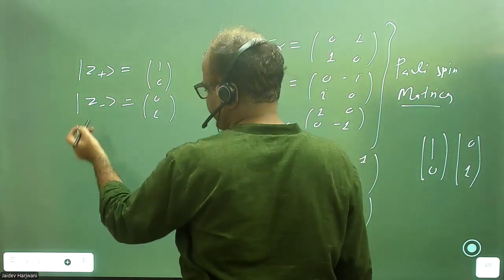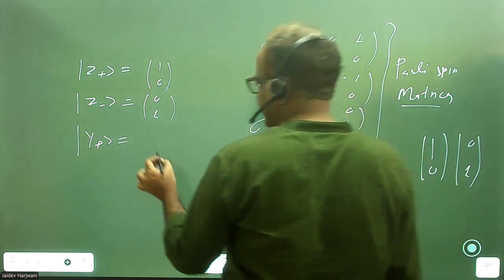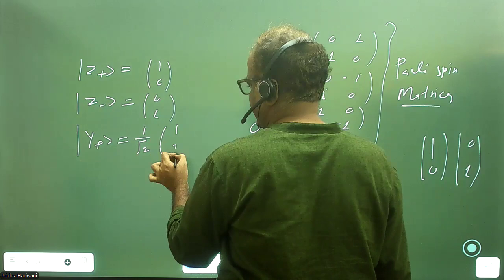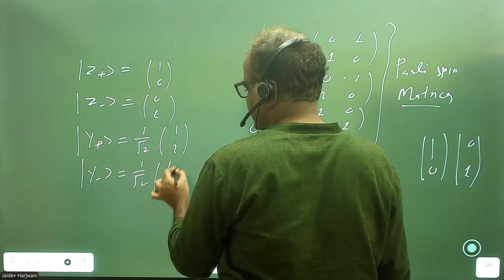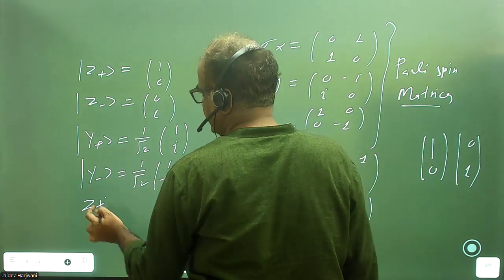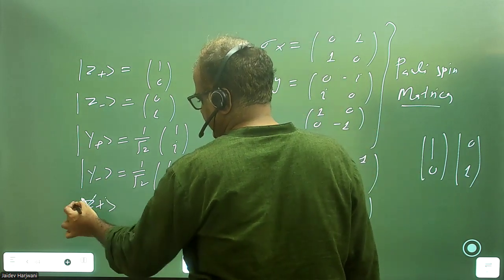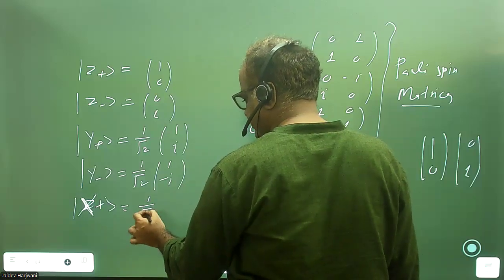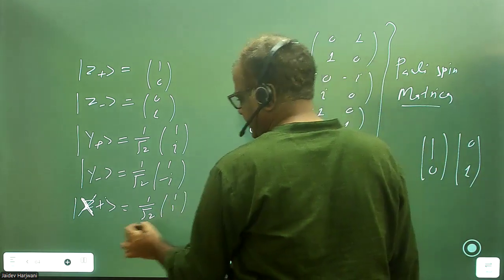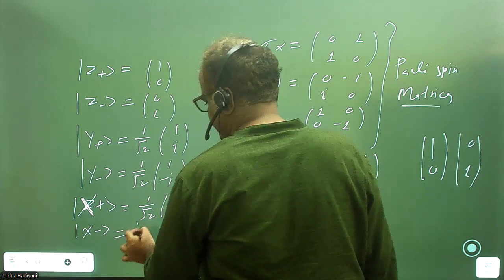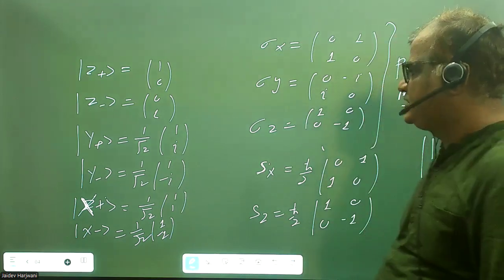And now we can prove that y plus is 1 by root 2 times (1, i), and y minus is 1 by root 2 times (1, minus i). Z we have already written. Now x plus is 1 by root 2 times (1, 1), and x minus is 1 by root 2 times (1, minus 1). So these are the eigenstates.